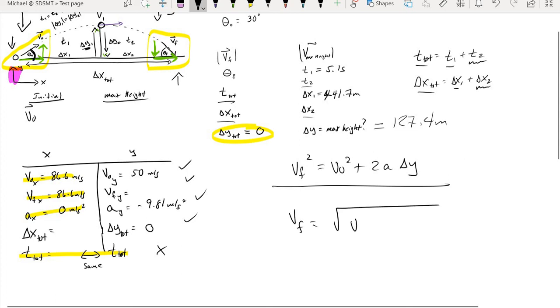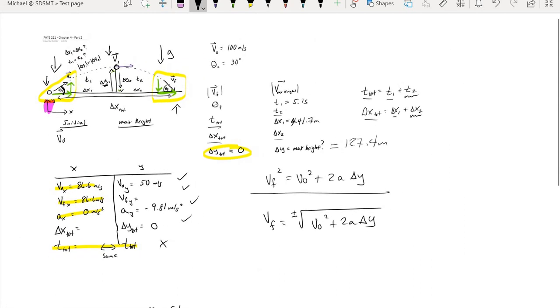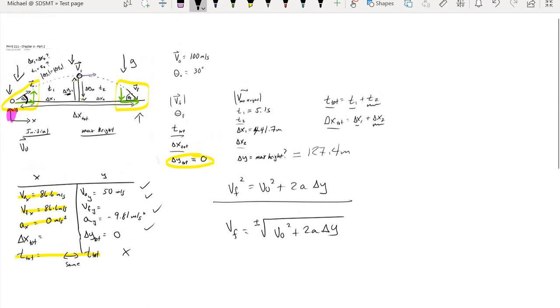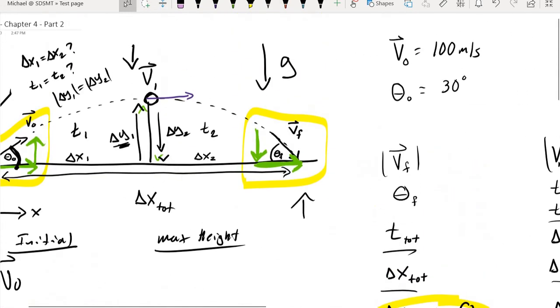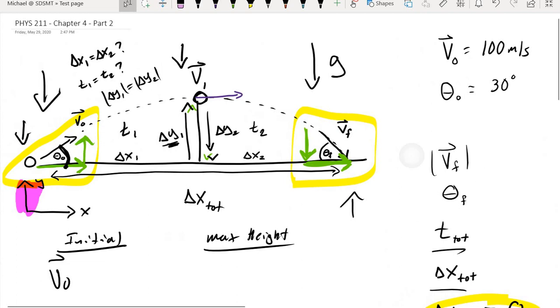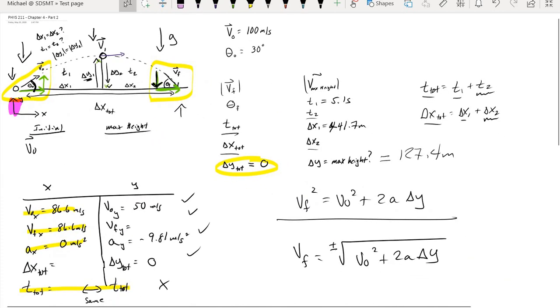We just need to take a square root of each side, keeping in mind that the consequence of taking a square root is that our answer could be plus or minus. Looking back at the diagram, the final y component is pointing in the negative direction, so we need the negative answer.